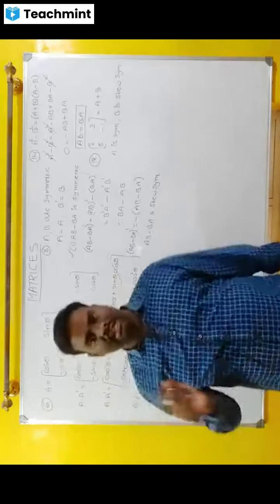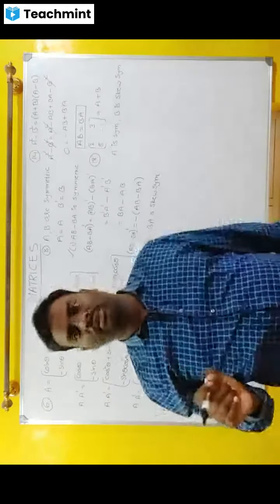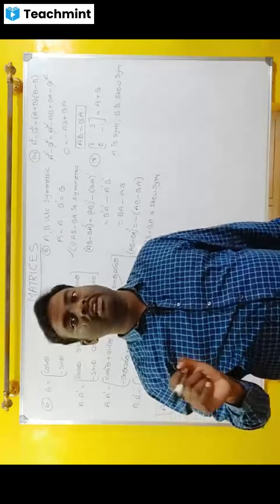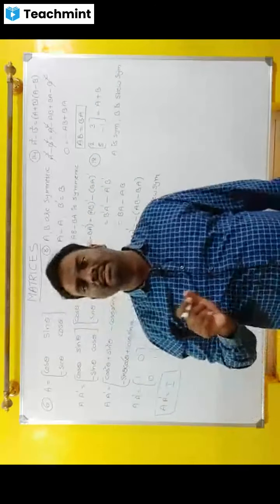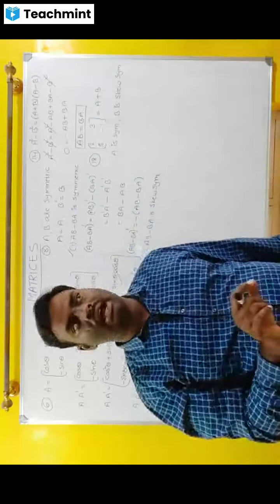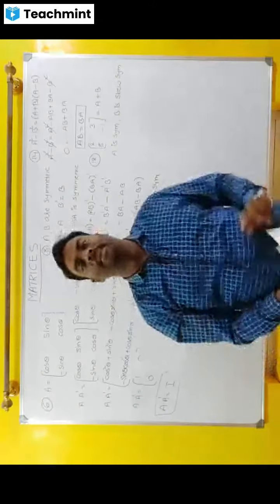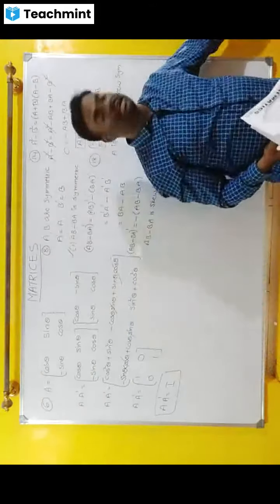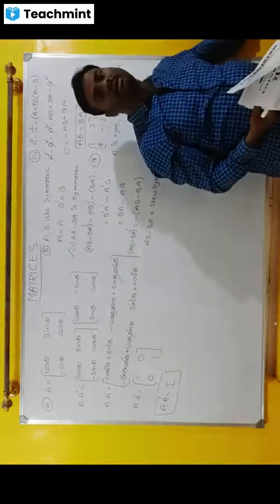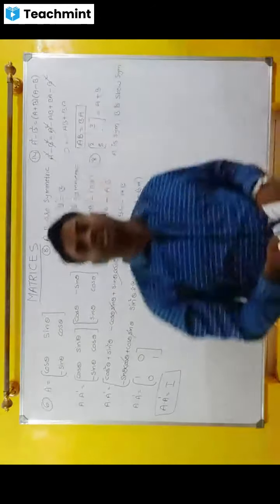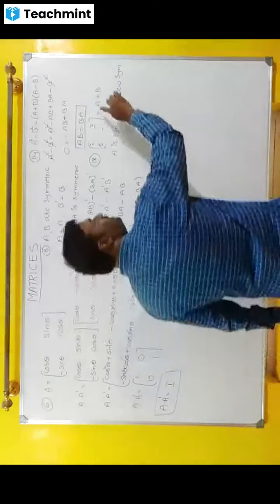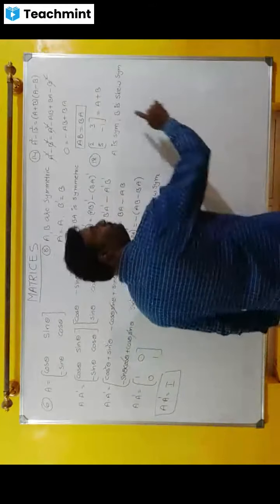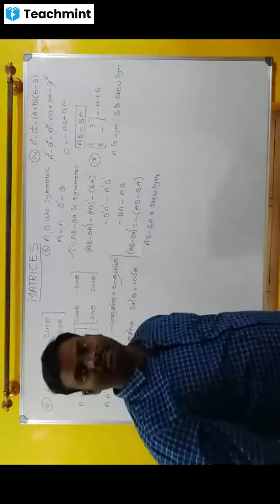Yesterday in the synopsis I explained one concept. A square matrix can be expressed as the sum of a symmetric and a skew symmetric matrix. Here A is symmetric and B is skew symmetric.